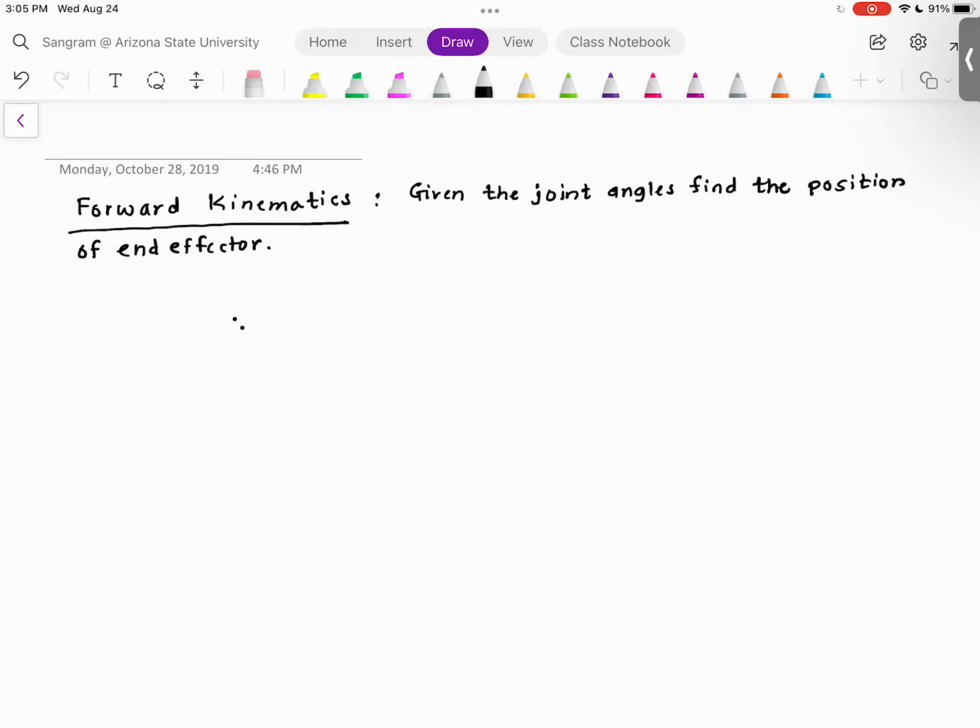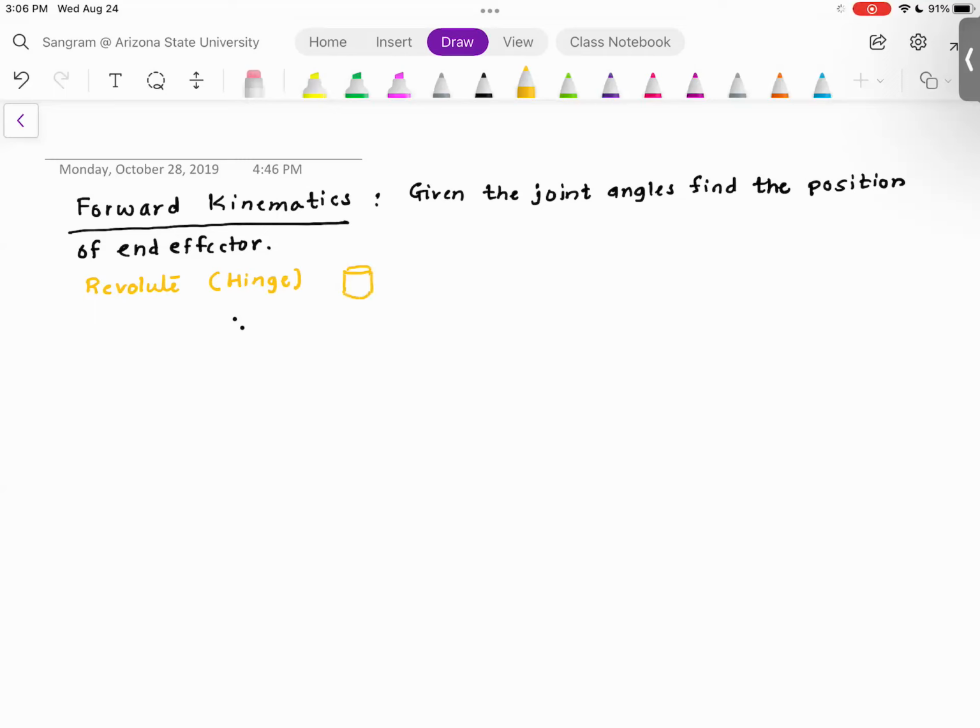What does that mean? There are two types of joints in a robot. One is a revolute joint. So you have a revolute joint, which is also the hinge, which is denoted something like this.